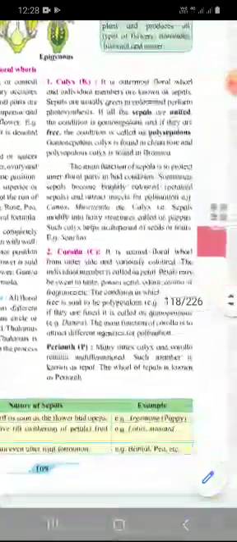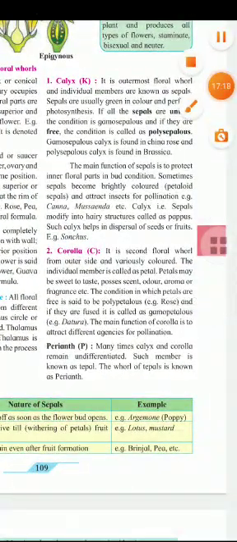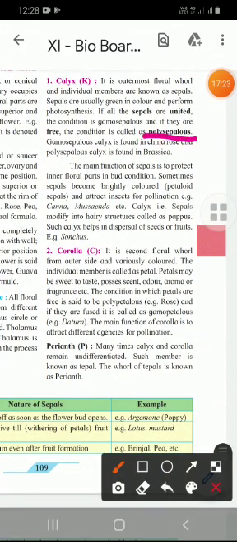Floral parts. It's very easy for you to understand. Calyx, corolla, and this I've explained in that figure. Polysepalous means separate, and if they are joined together, they are gamosepalous. In Datura you saw the corolla. The corolla in the rose is polypetalous, the petals are separate, and we can separate them. But you have seen in Datura the petals, there were 5 petals, but they were joined together, they were not separate.